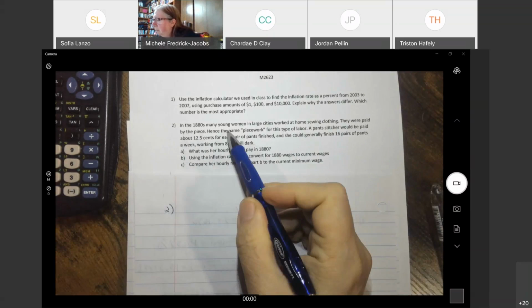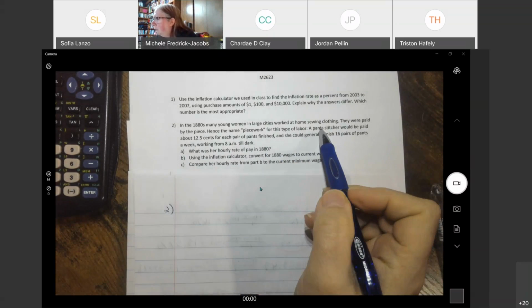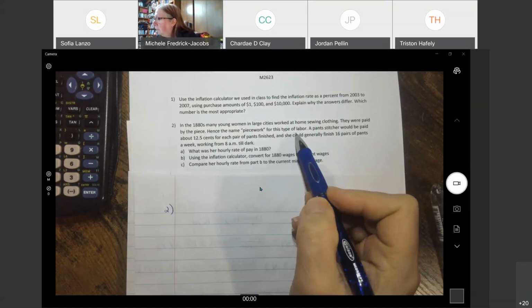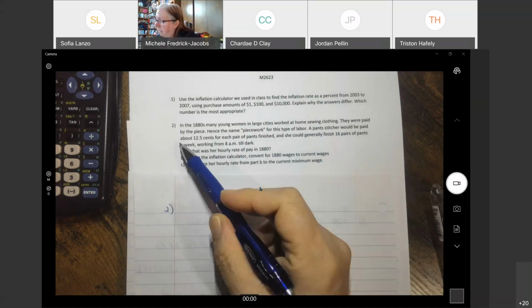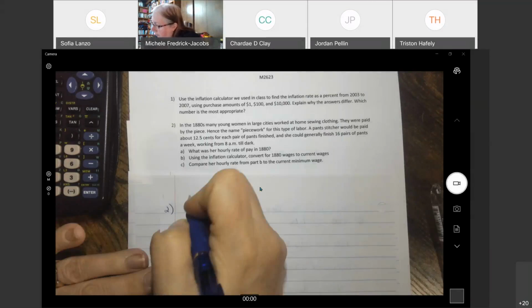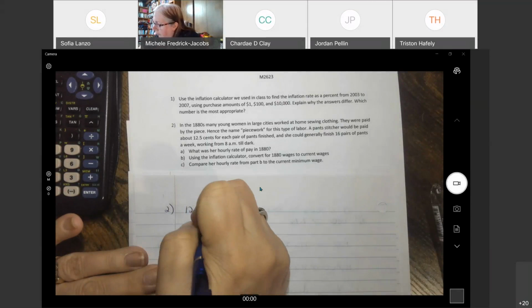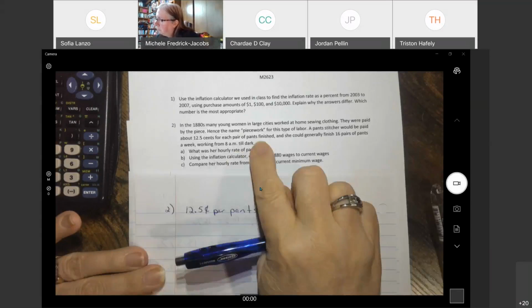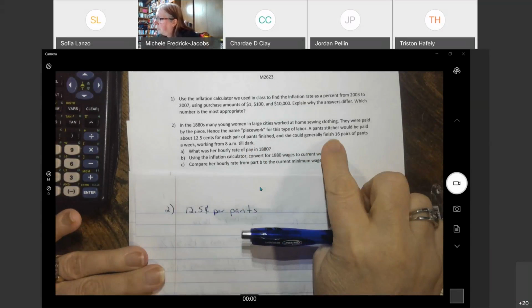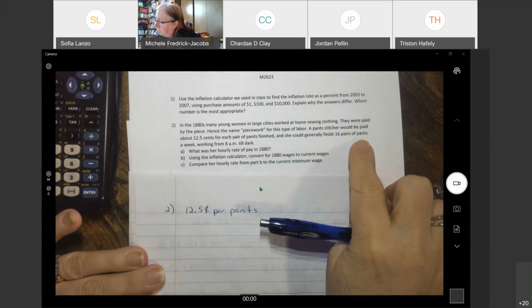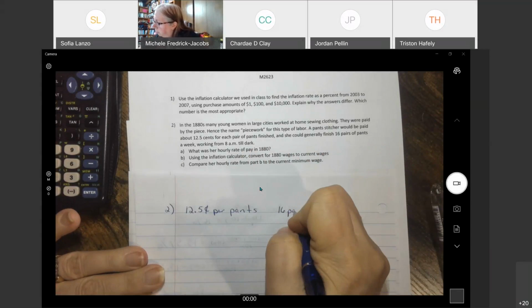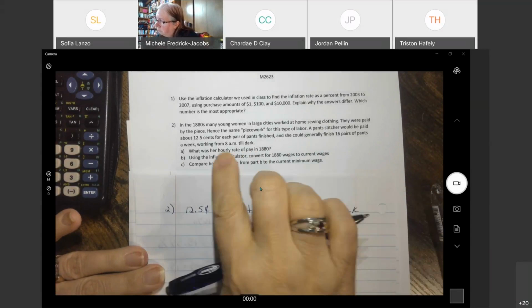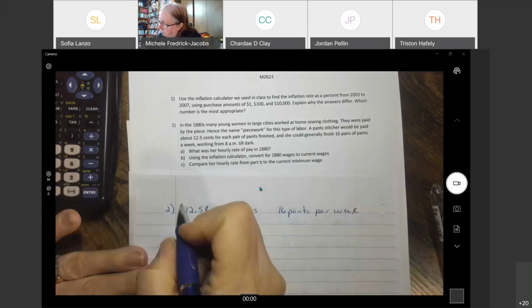In the 1880s, many young women in large cities worked at home sewing clothing. They were paid by the piece, hence the name piecework. For this type of labor, a pant stitcher would be paid about 12.5 cents per pant, and she could generally finish 16 pairs of pants a week, working from 8 a.m. till dark.